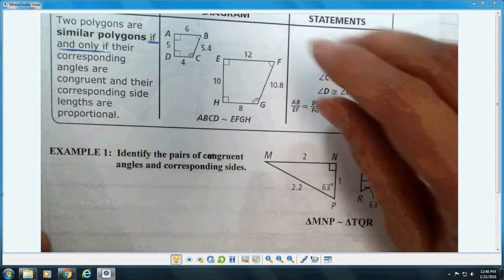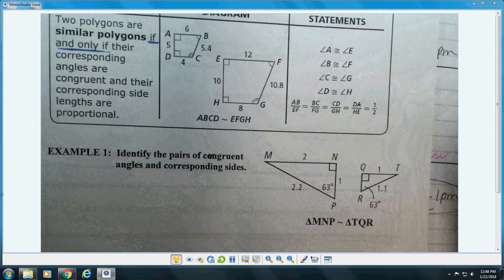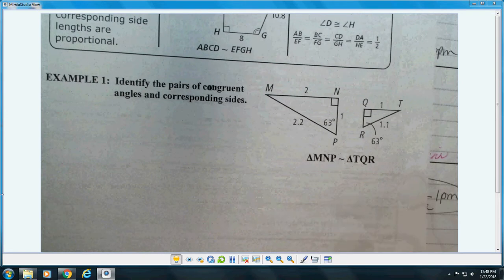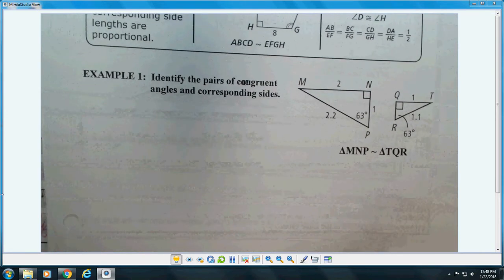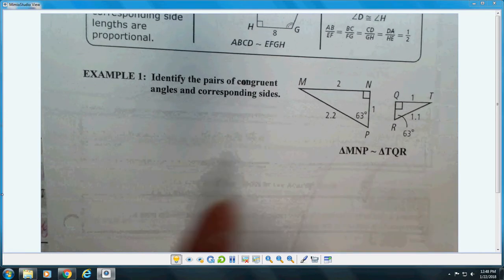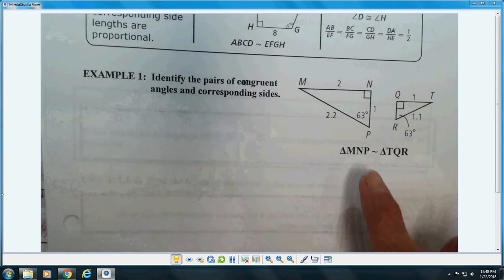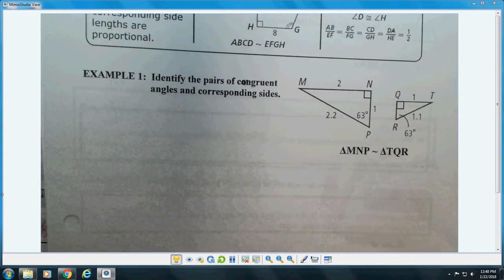it says identify the pairs of congruent angles and corresponding sides. Now, there's something that's important that I actually need to pay attention to, and that is this right here. Just when we had congruent triangles, it mattered what order they were written in. It matters with similar as well.